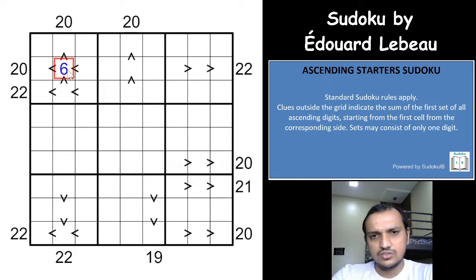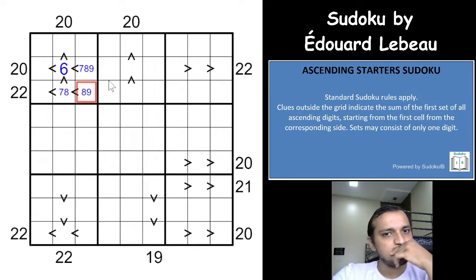If this is 6, 7, 8, 7, 8, 9, 7, 8, and 7, 8, 8 and 9. Six is possible, right?